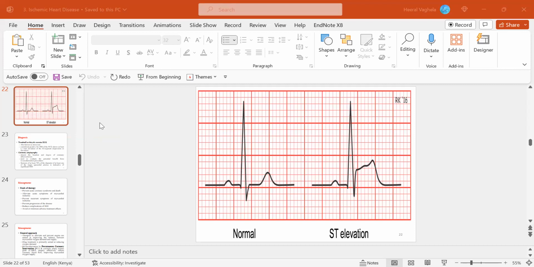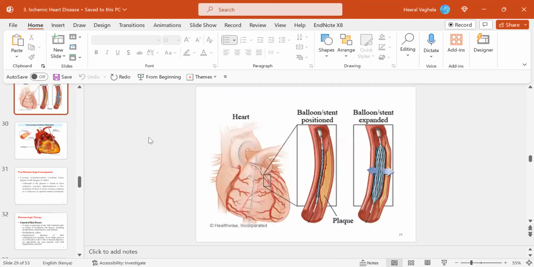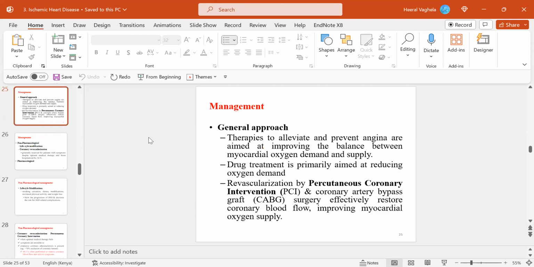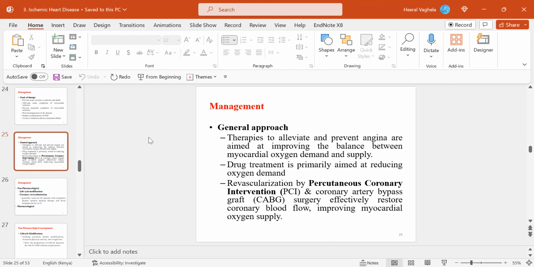Okay, so the main thing that you would do is revascularization by percutaneous coronary intervention. That's one of the main procedures that is carried out in such a case, or coronary artery bypass graft.